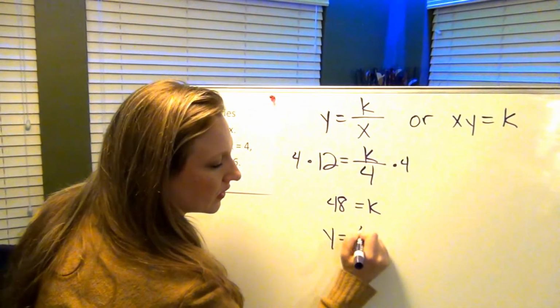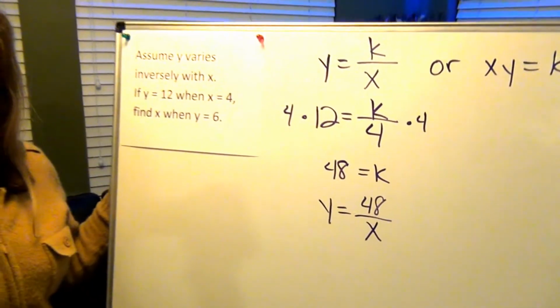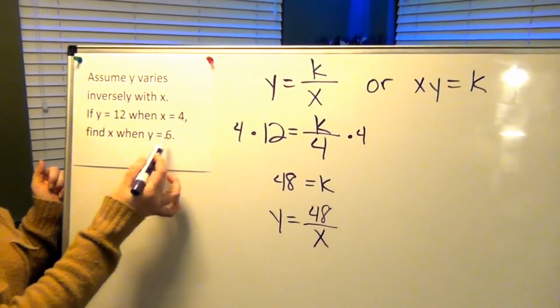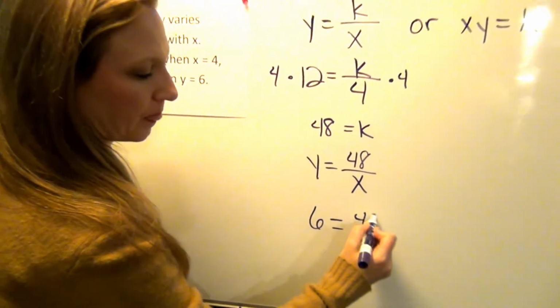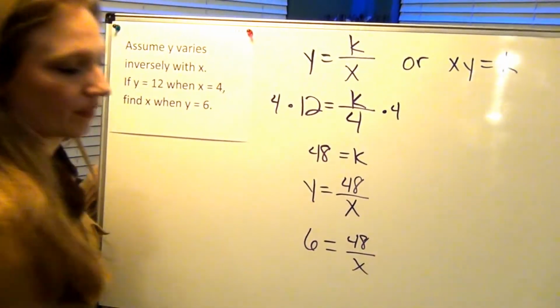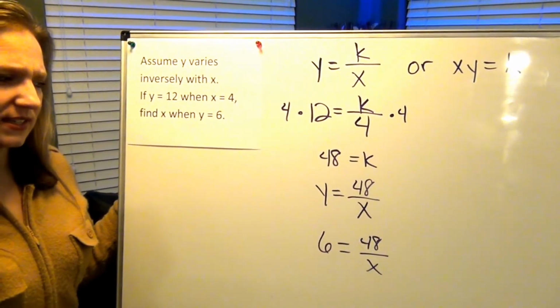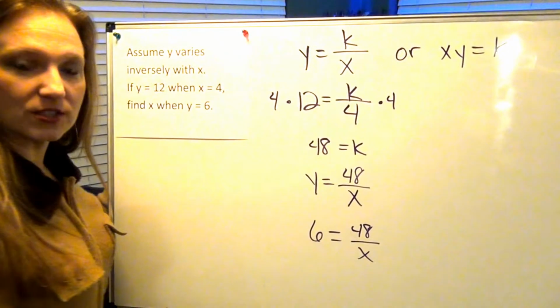So our formula is going to be that. Now we can use it to find x when y is 6. So I'm going to plug 6 in for y and solve for x. Be careful when you're solving for x here. I see a lot of people still trying to multiply, but notice that the 48 is on top.